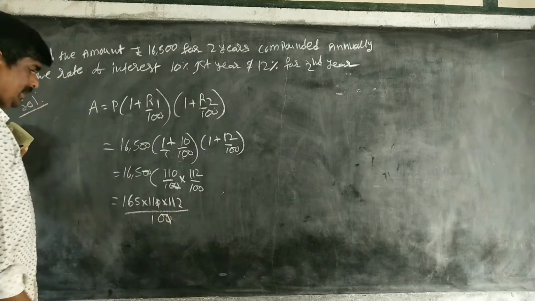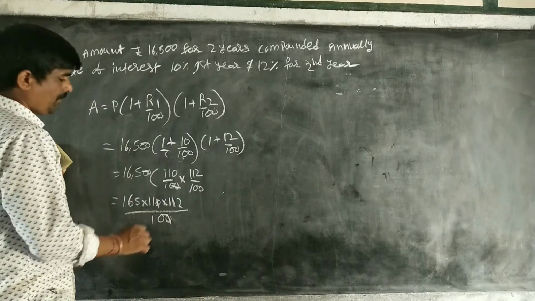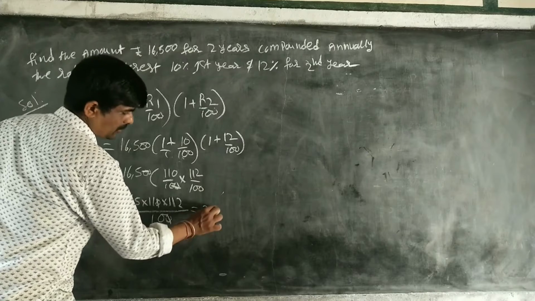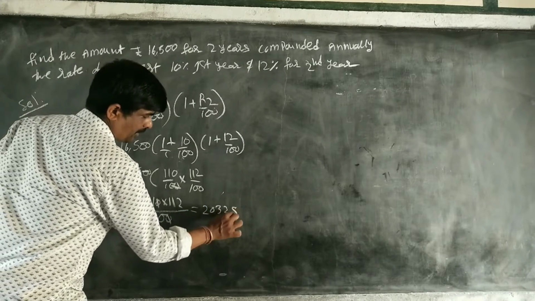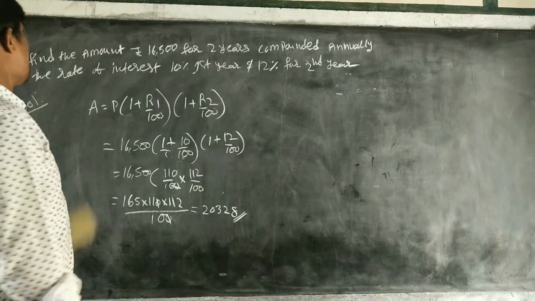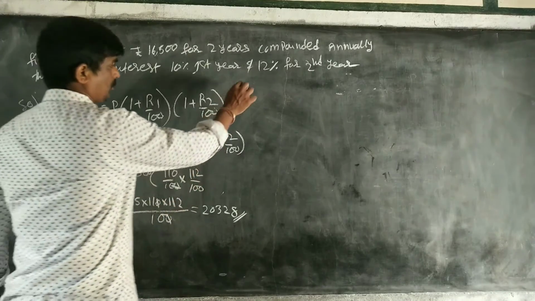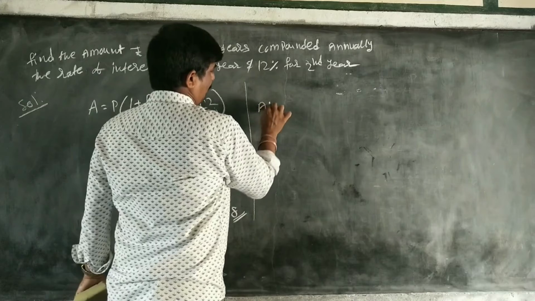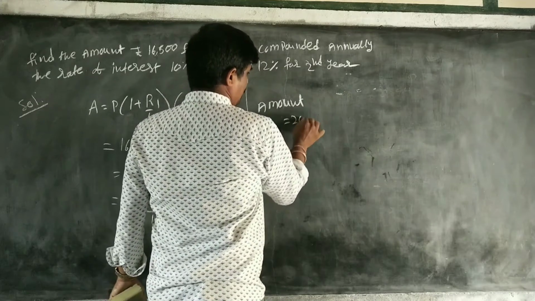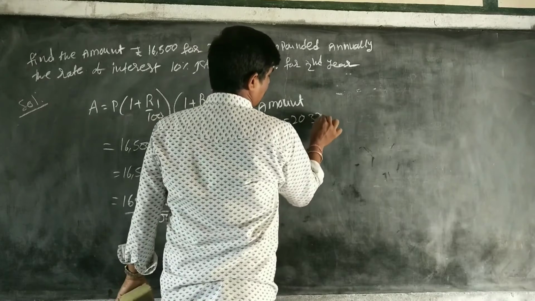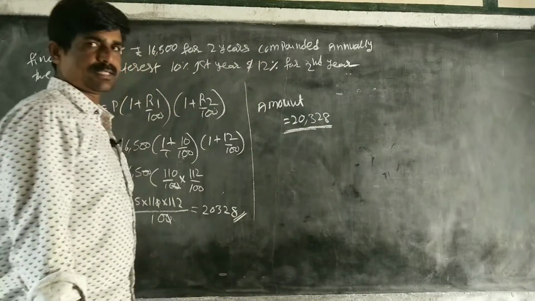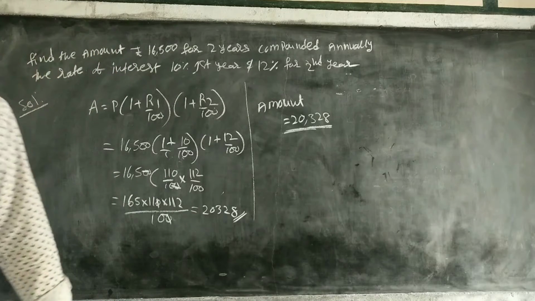The zeros get cancelled. Simplifying, you get the calculation 20,328. This is the wanted amount. So the amount after 2 years is equal to 20,328 rupees. Right. Copy it.